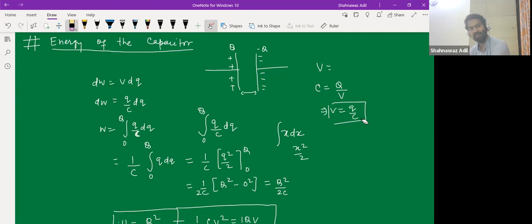In the second chapter, you have lots of formulas to remember. You have to make a short note of the formulas, write them down, and then just remember them.